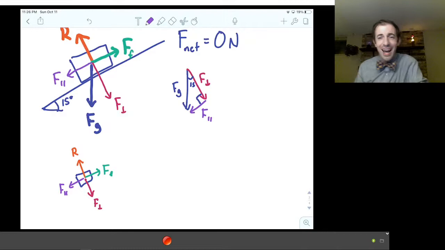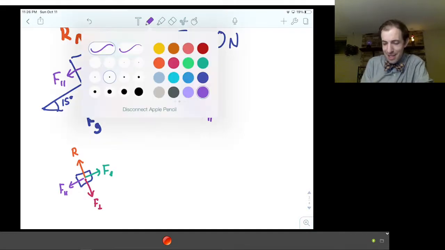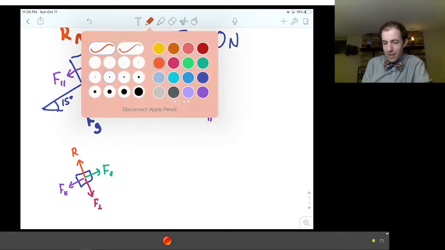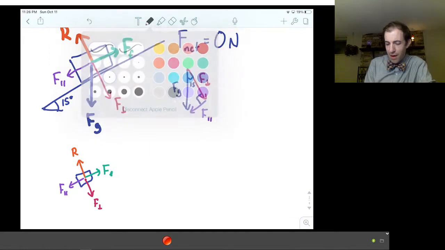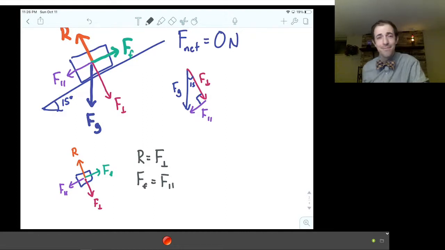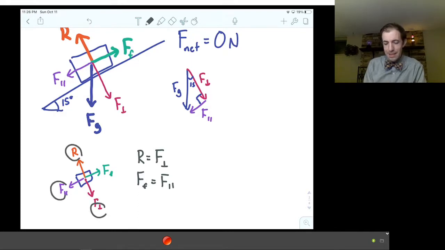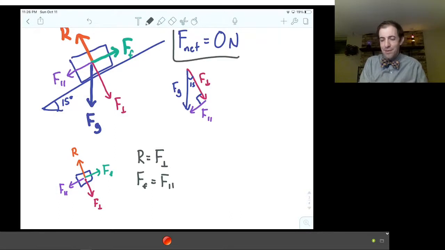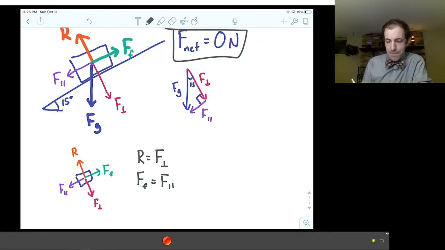All right, I know that all of these forces should cancel each other out. So that tells me that R should be equal to F perpendicular, and that FF, the force of friction, should be equal to F parallel, because all of these forces should be equal and opposite to the force on the other side in order for my net force to give me 0.